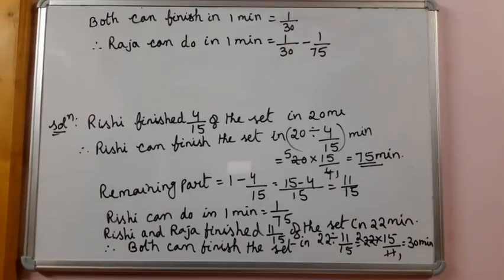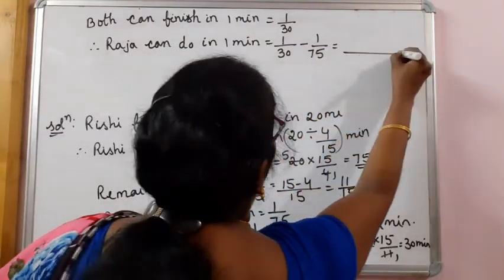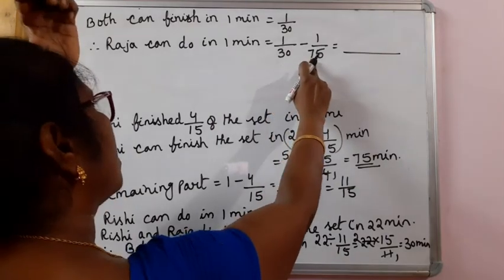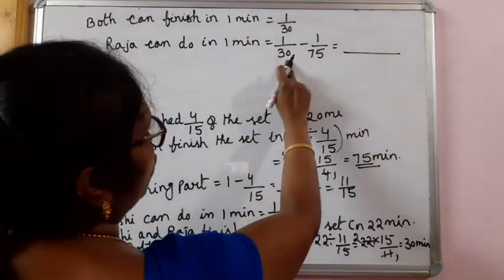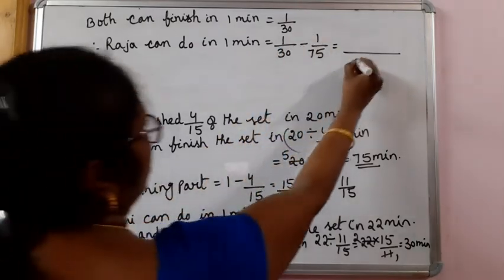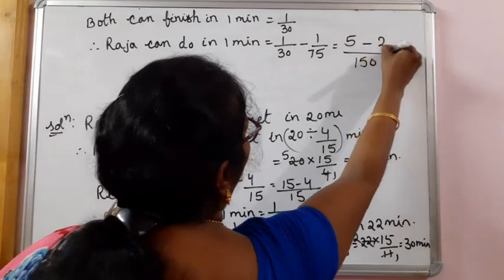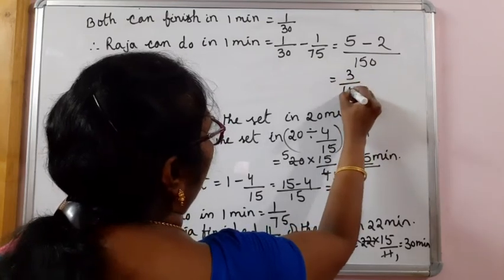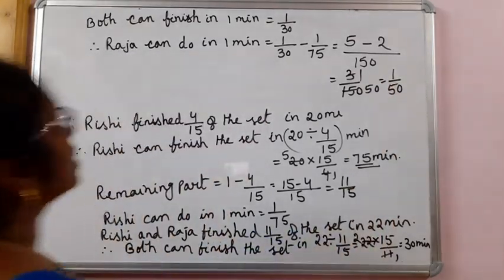The LCM of 30 and 75 is 150. 150 divided by 30 is 5, times 1 is 5. 150 divided by 75 is 2, times 1 is 2. That is 5 minus 2, which is 3 by 150. 3 ones are 3, 3 fifties are 150, so it is 1 by 50 of the set.